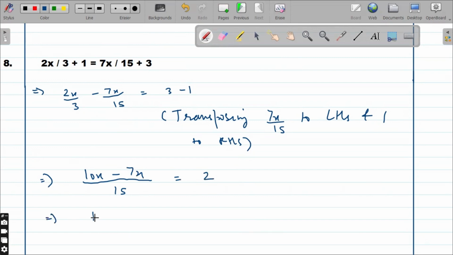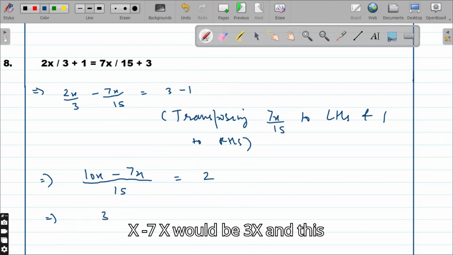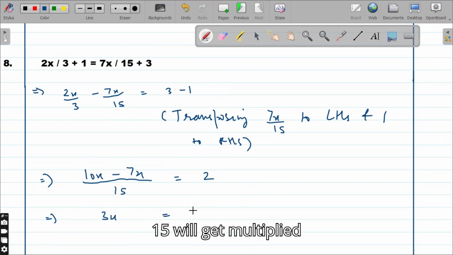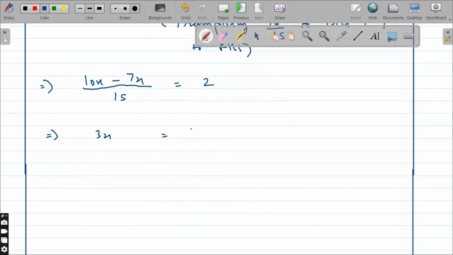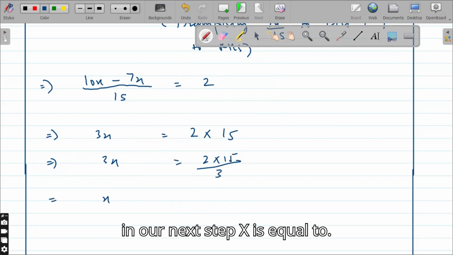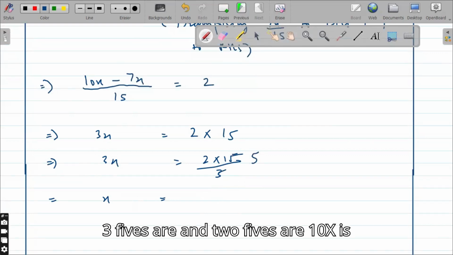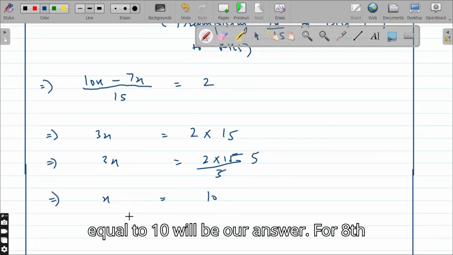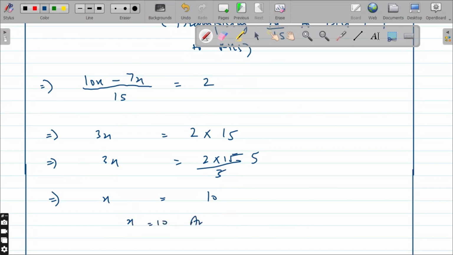In our next step, 10x minus 7x would be 3x, and this 15 will get multiplied by 2 to the right hand side. So 3x equals 2 into 15 by 3. In our next step, x is equal to 3 5s and 2 5s are 10. X is equal to 10 will be our answer. For the 8th question, x is equal to 10 will be our answer.